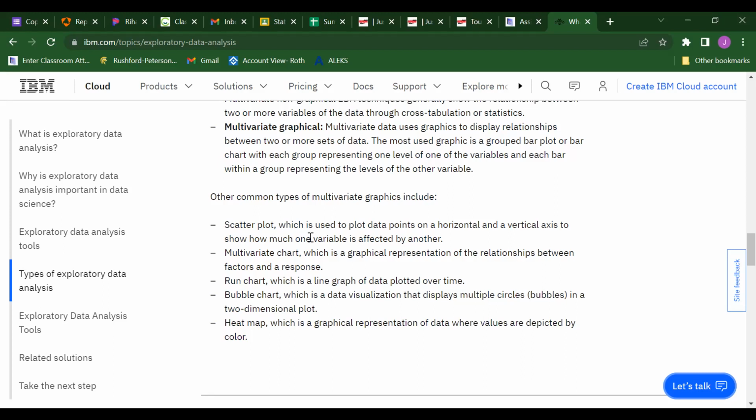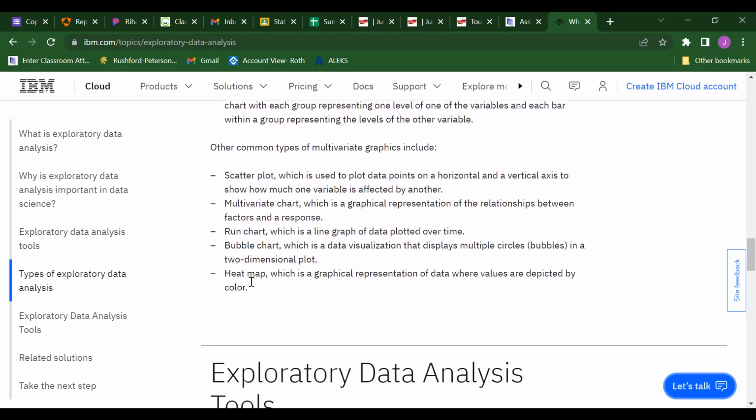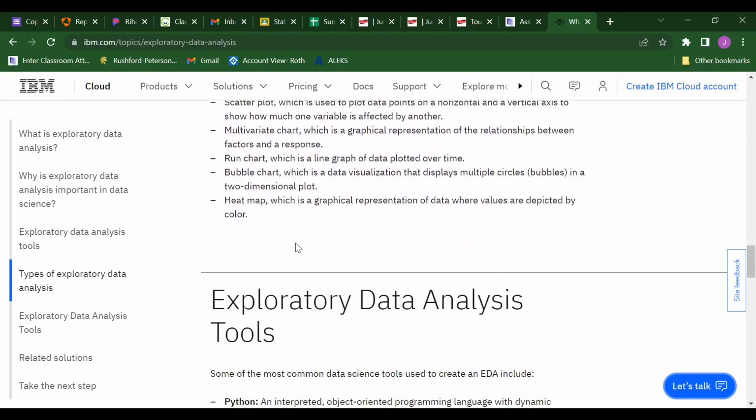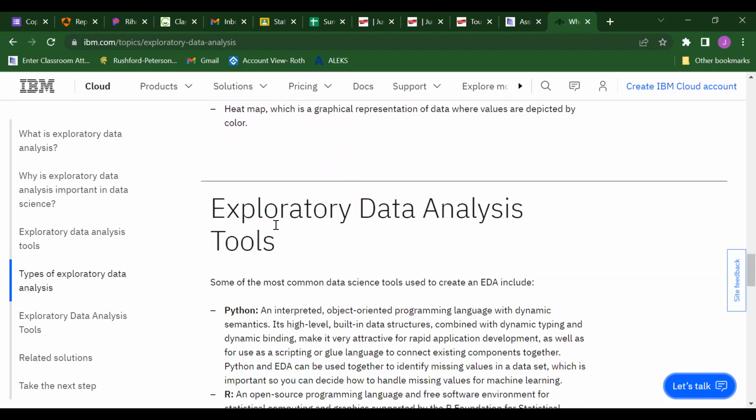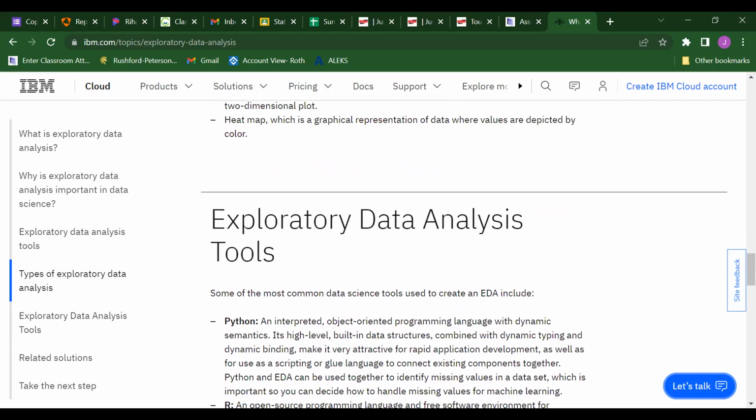They're calling that a run chart here, but we called it a time series graph. But it's the same idea. Bubble chart, which you maybe would think of as like a dot plot. But there are all these other types of multivariable charts that we could use.